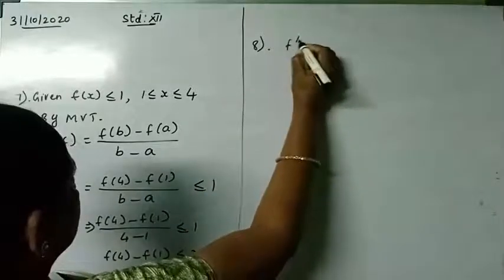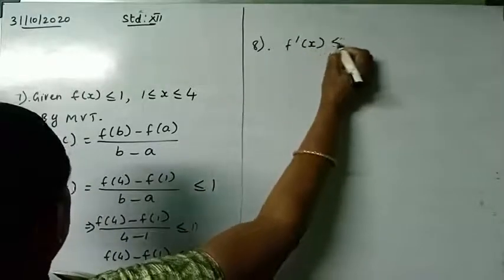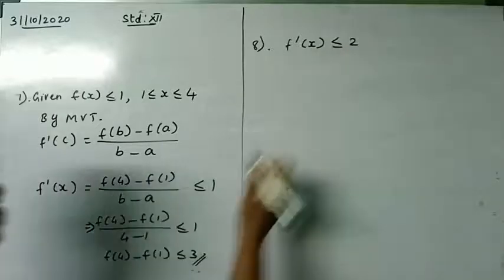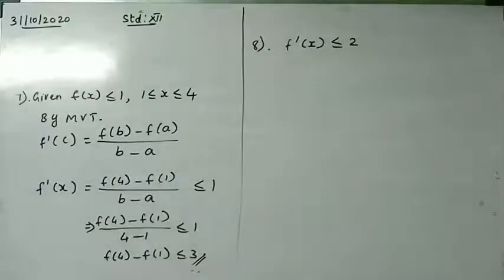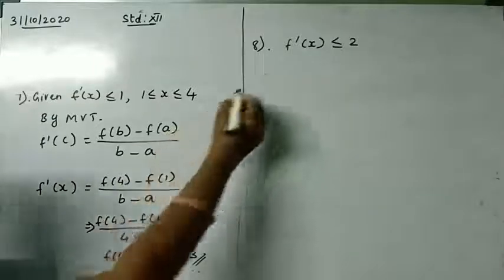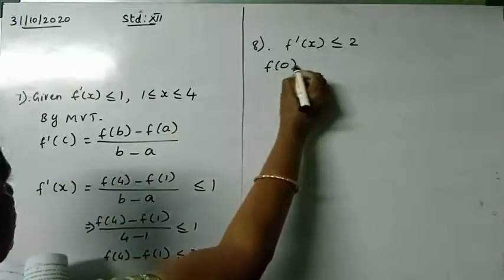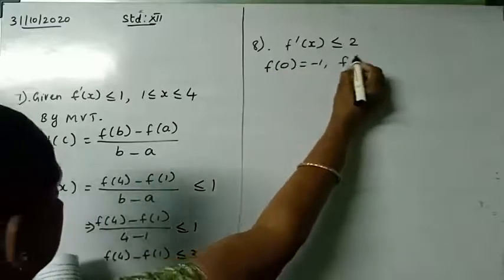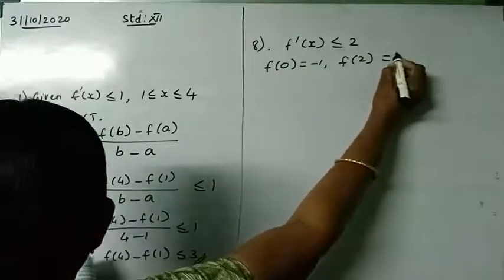Question number 7 also had f dash of x less than or equal to 1. Here f dash of x is less than or equal to 2, and it is given f of 0 equals minus 1, f of 2 equals 4.